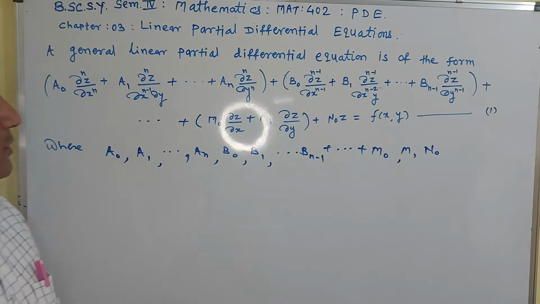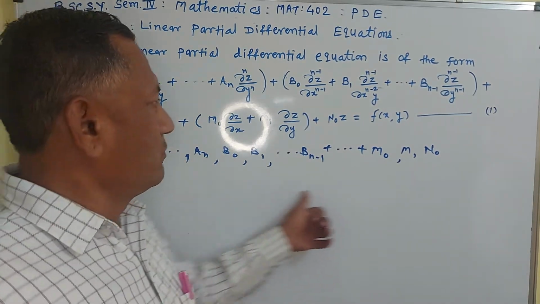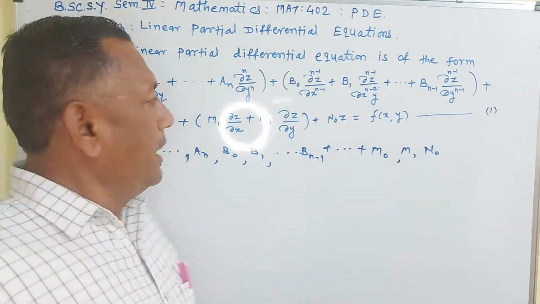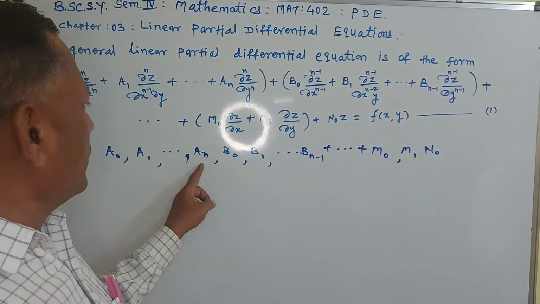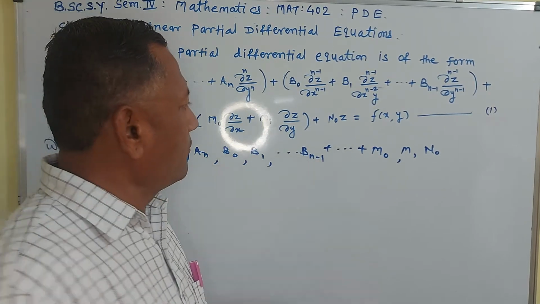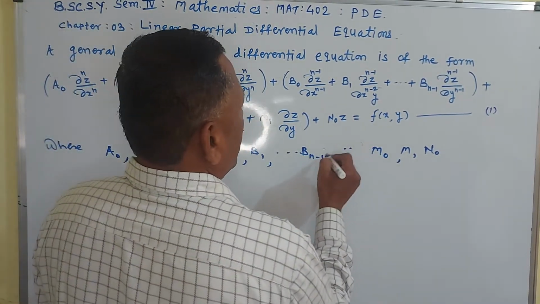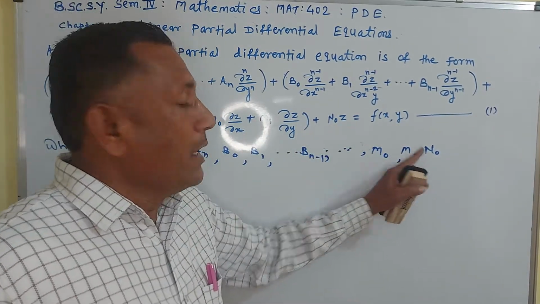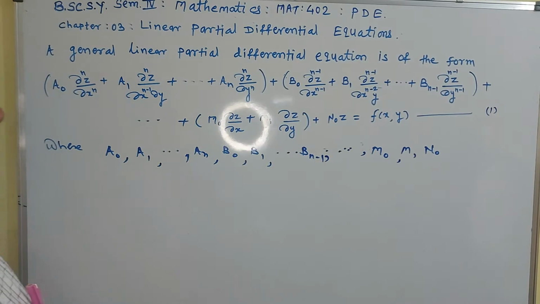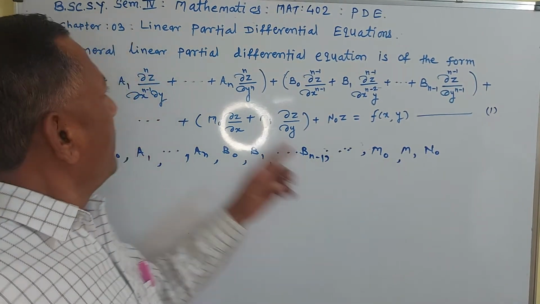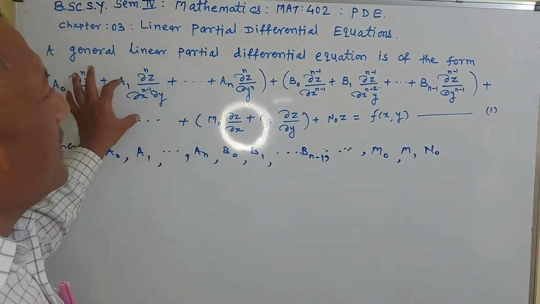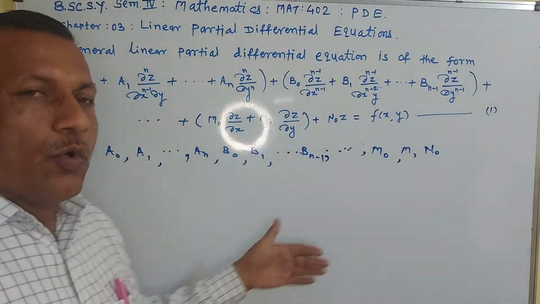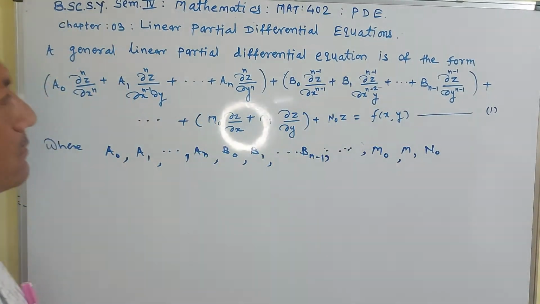So these are the constants or these are the functions of x and y. If a0, a1, a2, an, b0, b1, bn-1, m0, m1, n0, if these are constants or constant coefficients, then this linear partial differential equation is said to be a linear partial differential equation with constant coefficients.